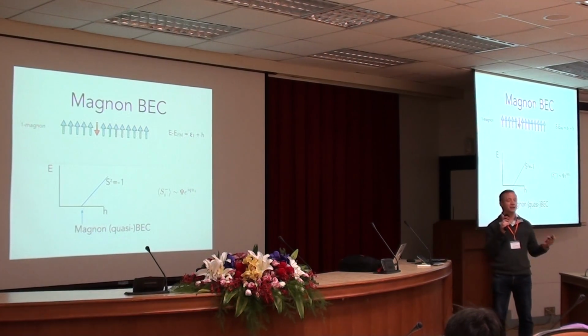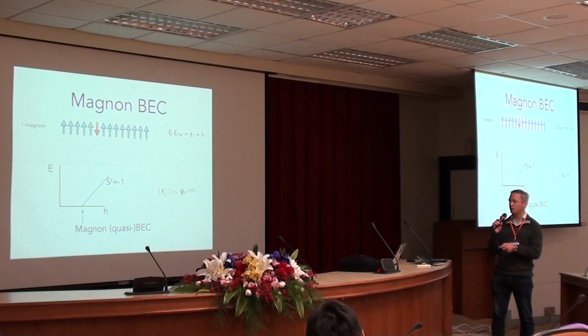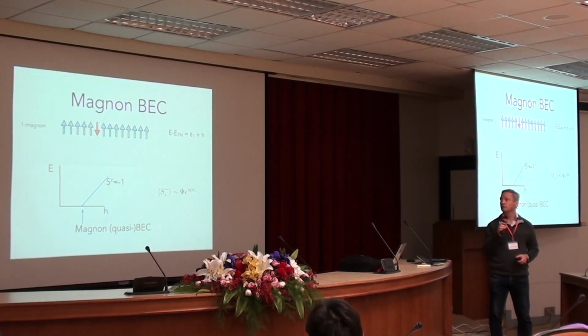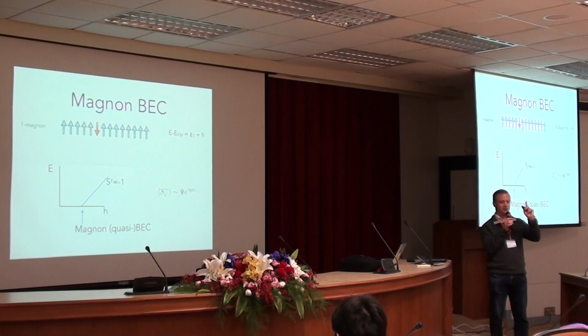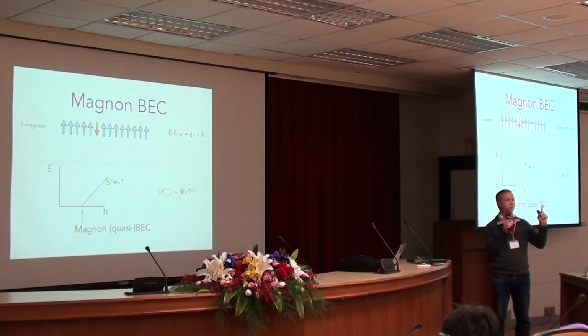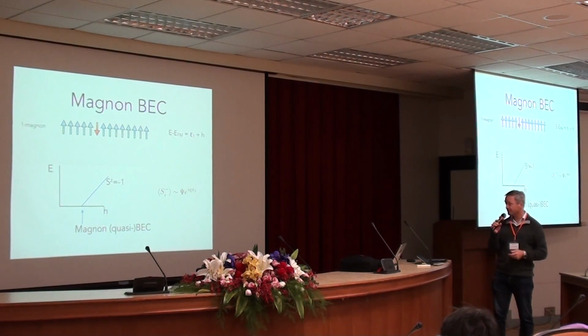Sometimes it's called magnon BEC, Bose-Einstein condensation of magnons. If you start in the ferromagnetic state, there's an elementary excitation, which is just flipping a single spin. This excitation has a quantum number, the magnetization along the field, of spin 1. You flip an up spin to a down spin, you change the spin by 1.